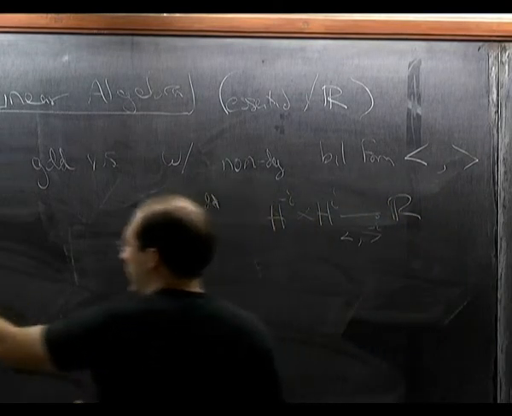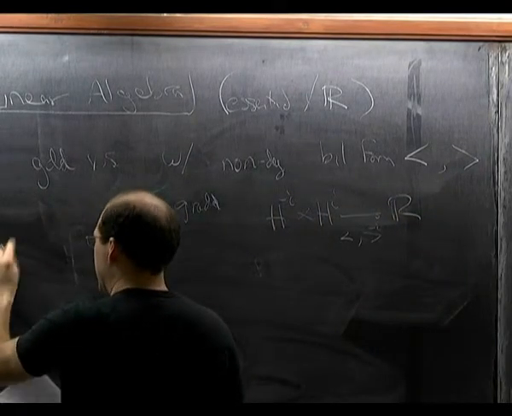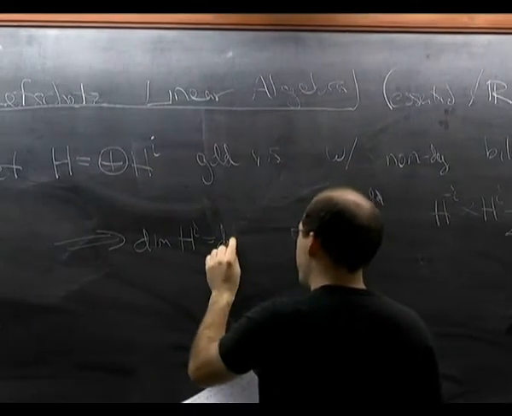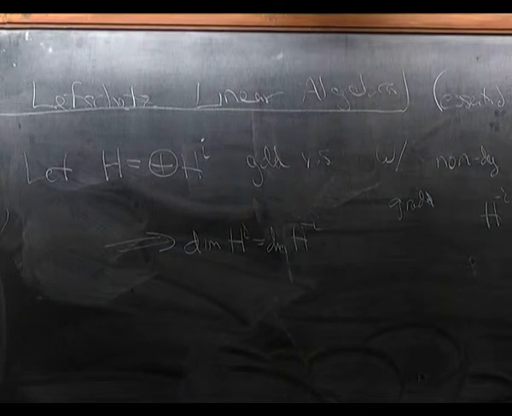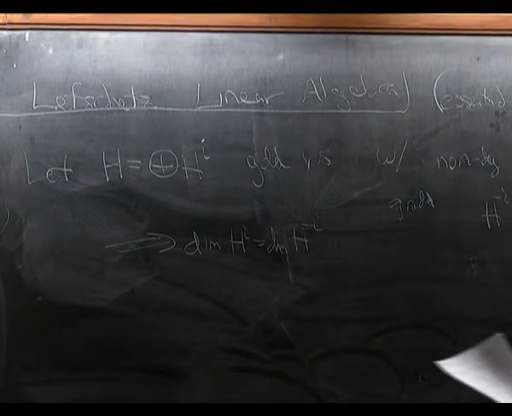Now, the non-degeneracy implies that this thing is balanced, that the dimension of H_i is the dimension of H_{-i}. So we're only talking about vector spaces symmetric around 0.